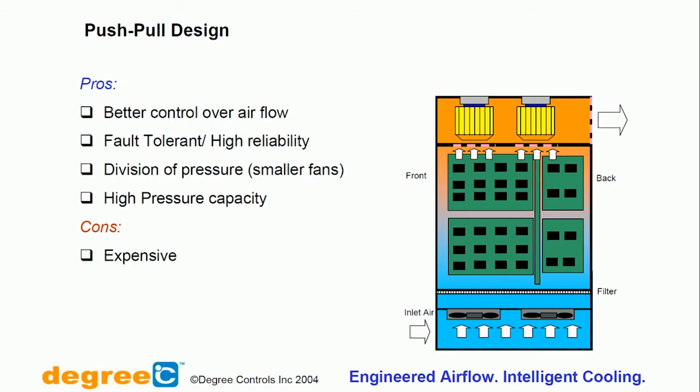So, airflow you have some control, and slightly higher reliability, though I would like to contest that, because the more devices you have, the chances of failure are a little higher. But in the case of a fault, there are still parallel things operating, which happens with nature.